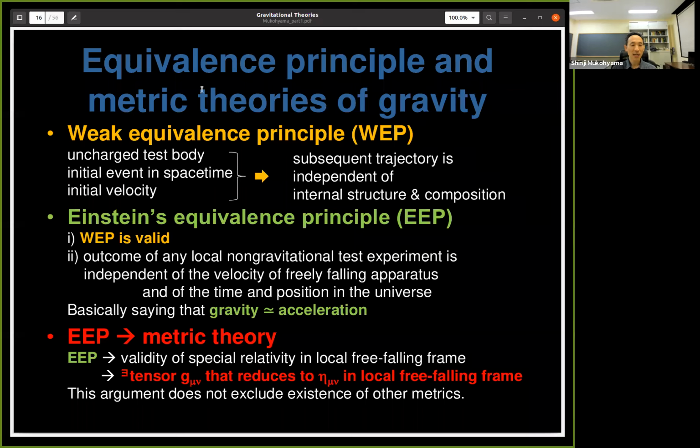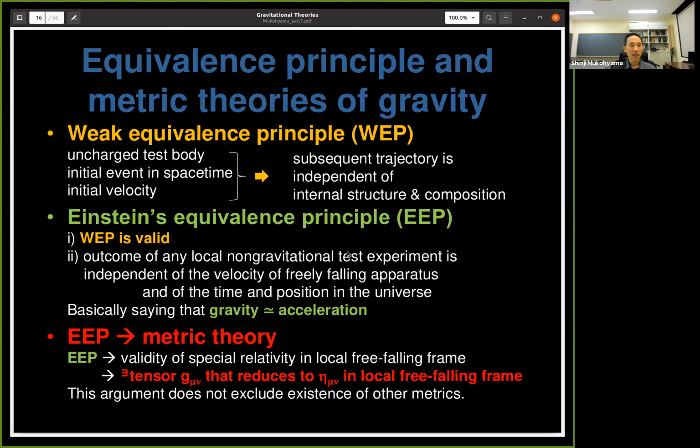The weak equivalence principle tells us this: if we consider an uncharged test body at a given initial event in space-time with initial velocity, then the subsequent trajectory is independent of internal structure and composition. If this holds, then we say that the weak equivalence principle holds. This is the definition of the weak equivalence principle.